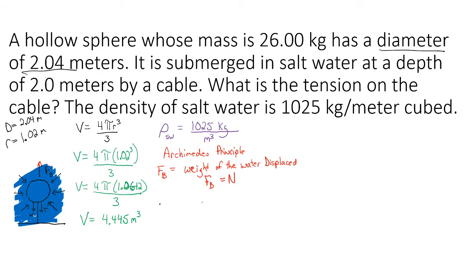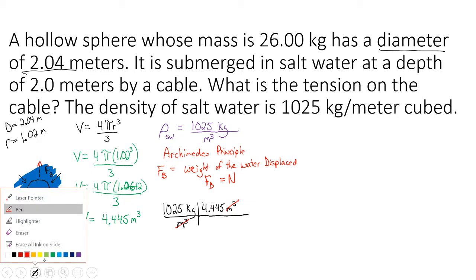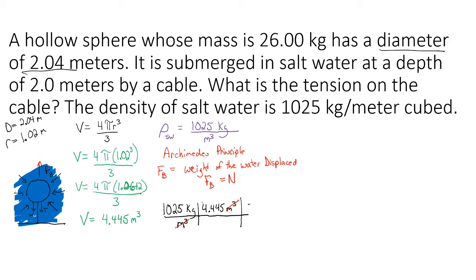So we've got 1,025 kilograms per meter cubed, that's the density of salt water. And then we're going to take our 4.445 meters cubed. The beauty of that is it cancels my meters cubed. And then I'm going to multiply that by 9.81.